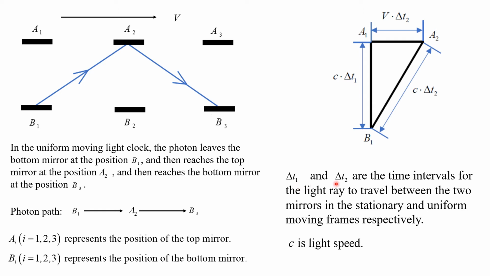Delta T1 and delta T2 are the time intervals for the light ray or photon to travel between the two mirrors in the stationary and uniformly moving frame, respectively, and c is the light speed.